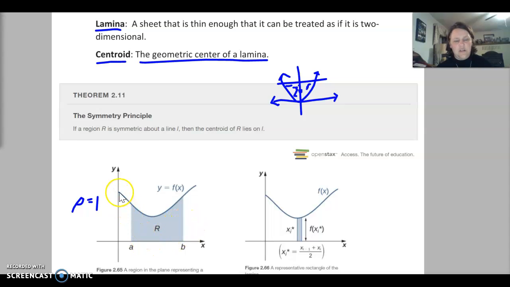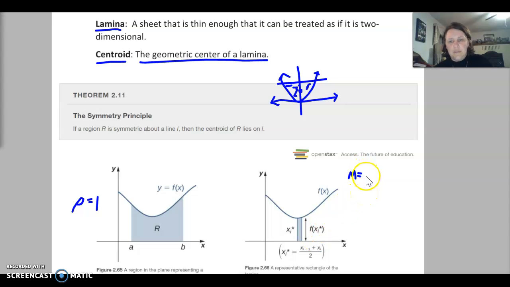This region R is the area underneath the curve of y equals f of x from a to b. If we want to figure out what the center of mass is of that, then we need to know, first of all, let's just take one little rectangular shape. The first thing that we need to know is what the total mass of this shape is.